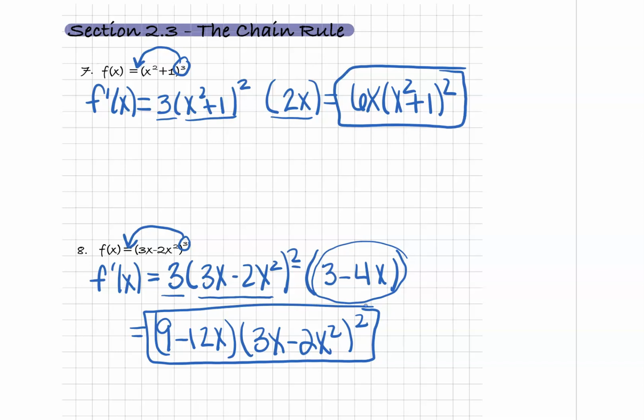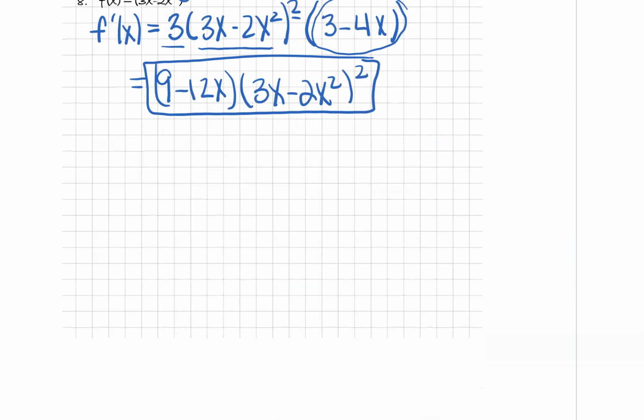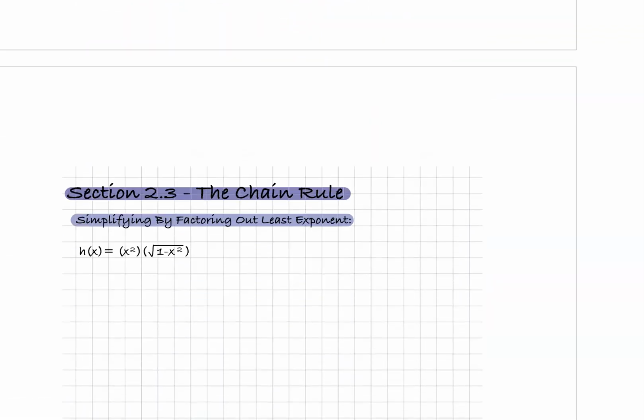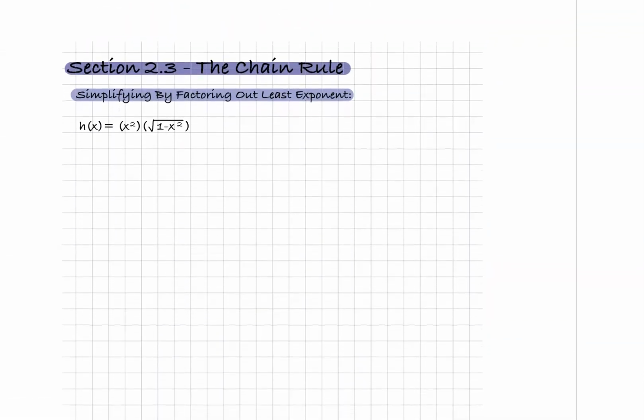Now what I want to do is take that chain rule and combine it together with some other rules that we know. So let's look at this one. We have x squared times the square root of 1 minus x squared. Notice, what two rules are we going to use? Well, I can see that I have a function times another function, so we're going to have to execute a product rule.